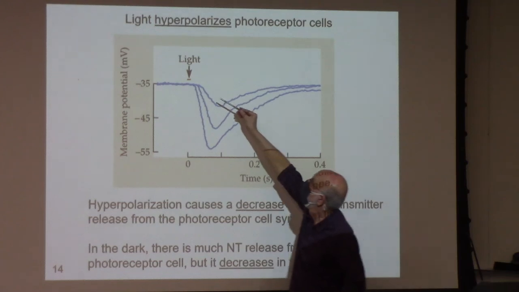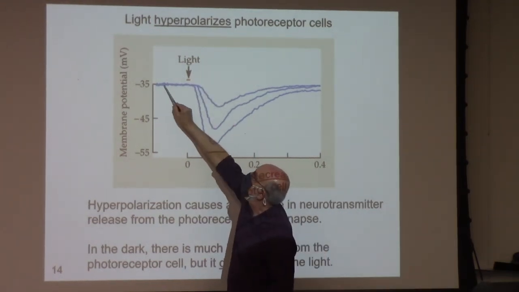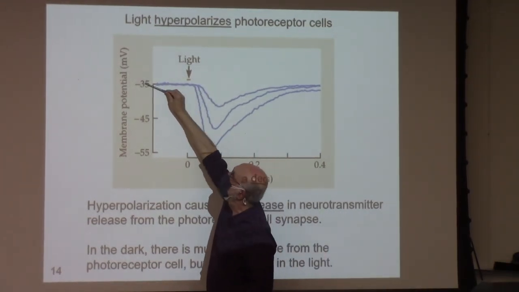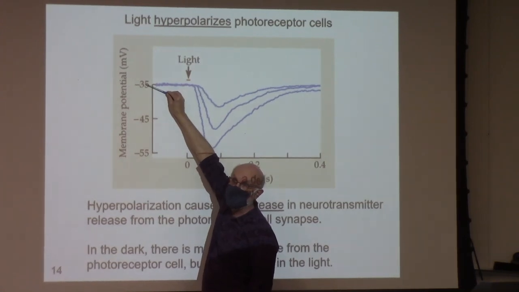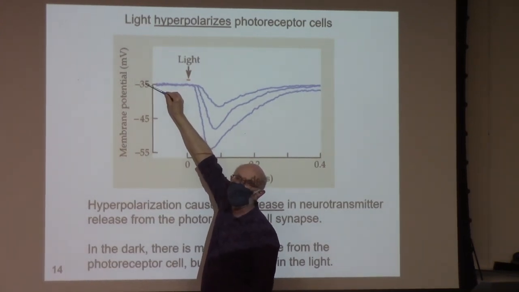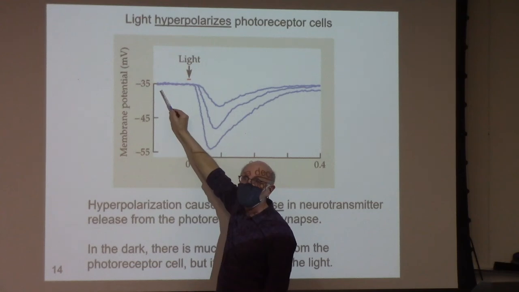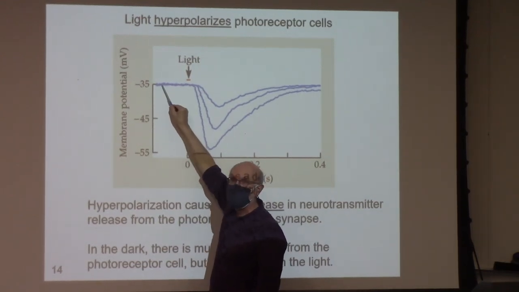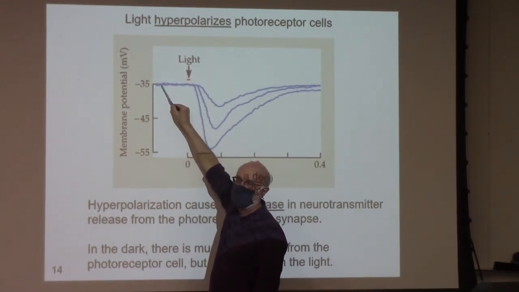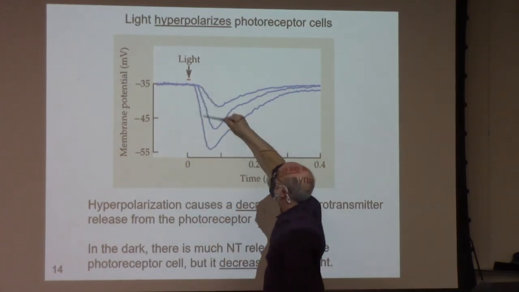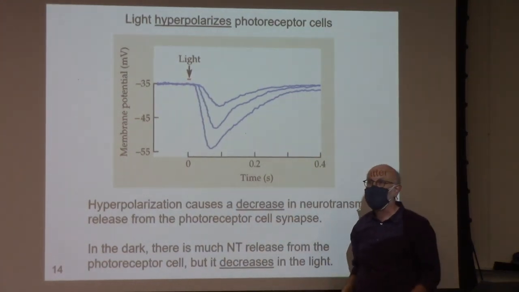Light. So here's the cell in the dark. A relatively depolarized membrane potential, right? You know normal is minus 60 or minus 70. Here it is at minus 35. A depolarized dark membrane potential. Light causes a hyperpolarization.